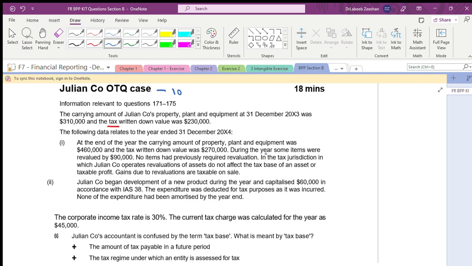The carrying amount of Julian company's property, plant and equipment is 310. This is the carrying amount.